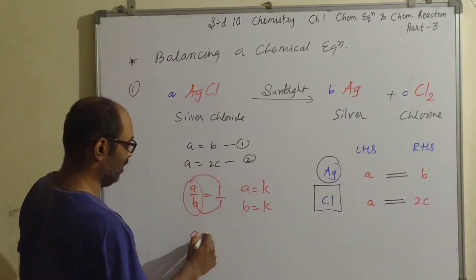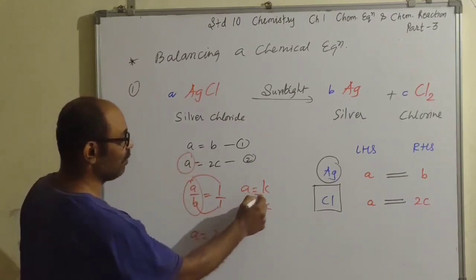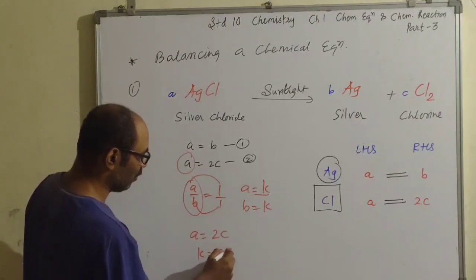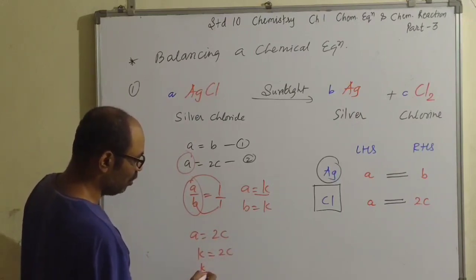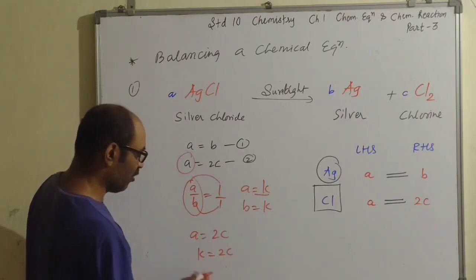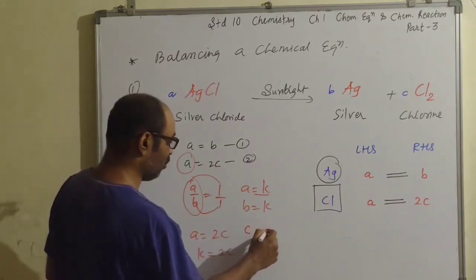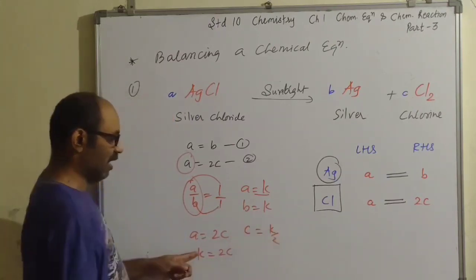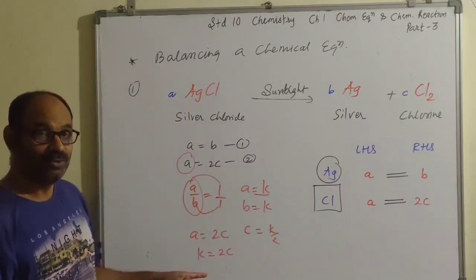Now the second equation, A is equal to 2C. You have the value of A. In place of A, write K. K is equal to 2C. So C is equal to K upon 2. Am I right? C is equal to K upon 2.